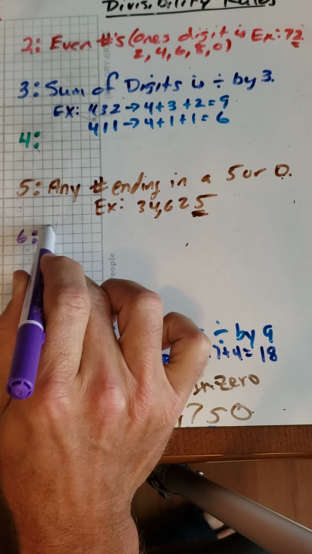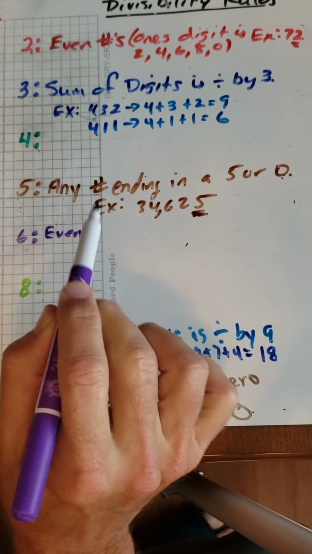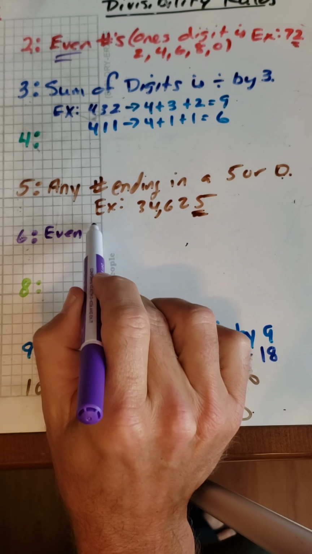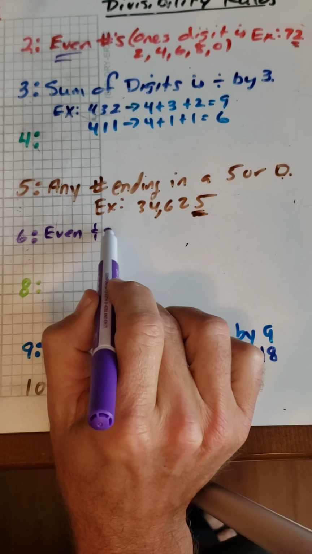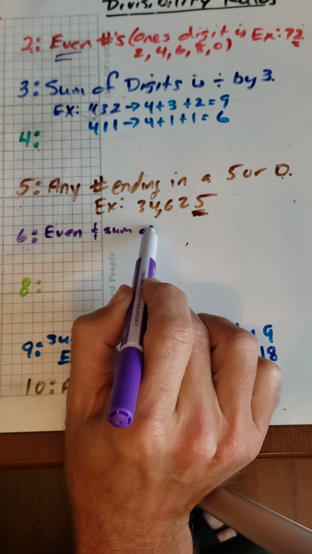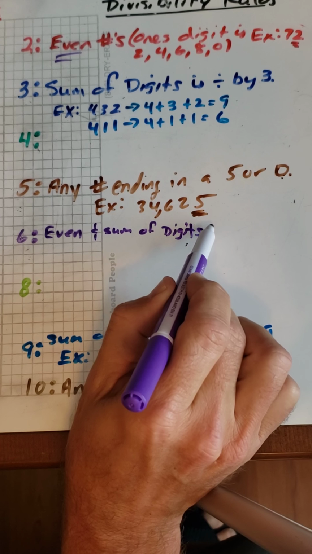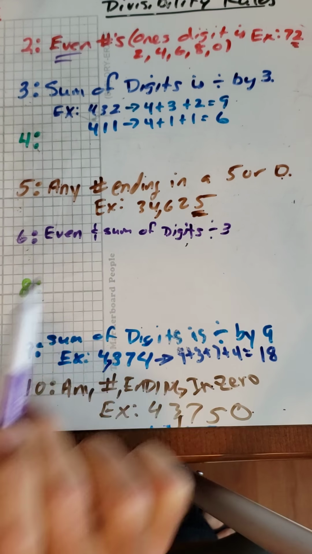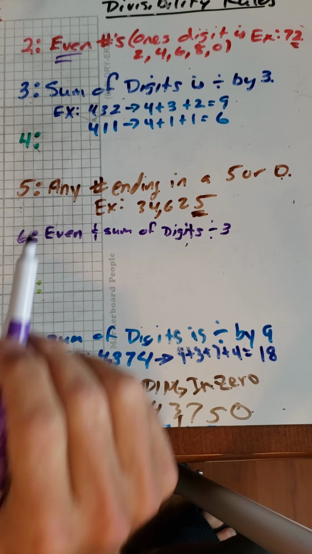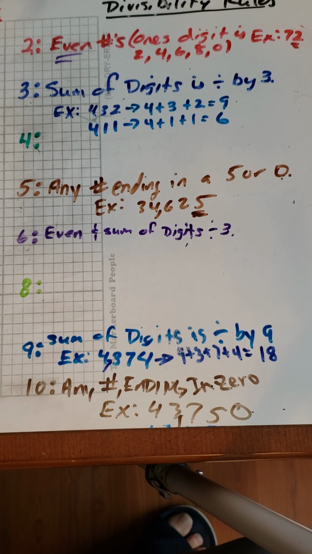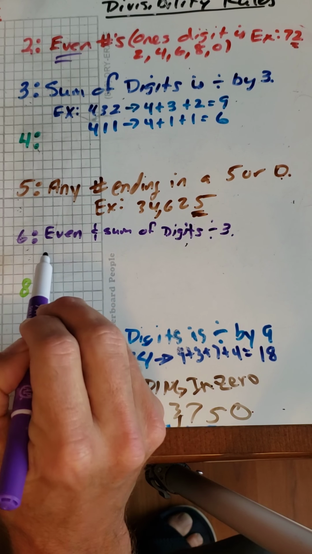So if it's an even number, that gives me the red part, and the sum of the digits is divisible by 3, then the whole thing is divisible by 3. So if it's an even number and the sum of the digits is divisible by 3, then the whole thing is divisible by 6. I'm going to give you a couple examples on this one.